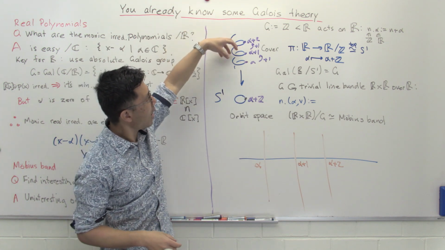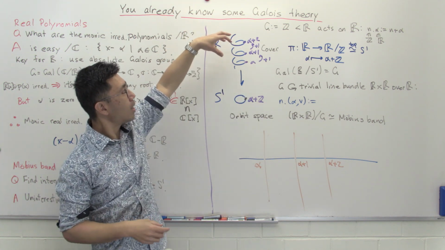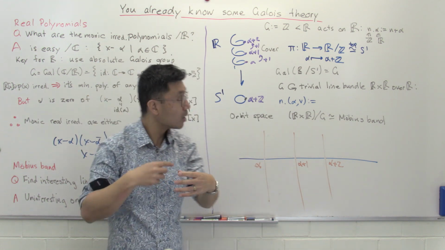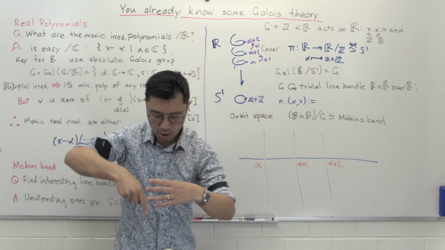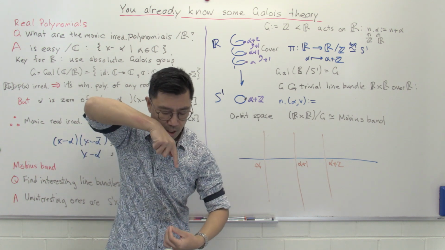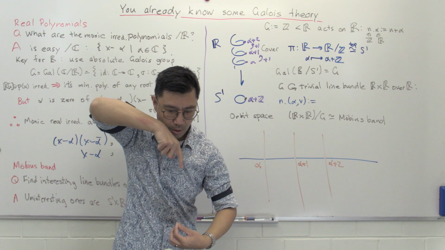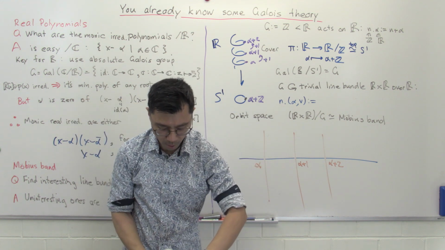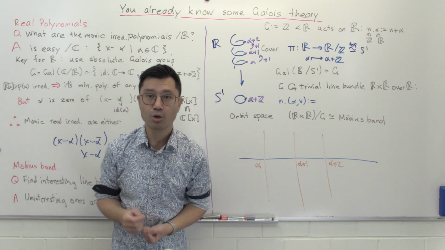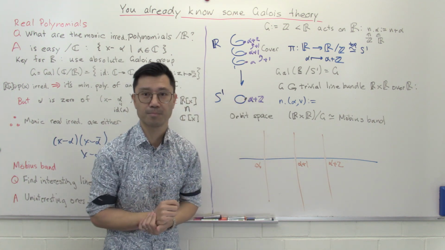So this Z acts on R, and if you look down onto the circle, you can see what's happening with this action. So 1 will basically wind you up from one point to the point which is just one above. So when you look down on the circle, what is it doing? It's just rotating. The action of 1 just rotates by 2 pi, which means it doesn't do anything.